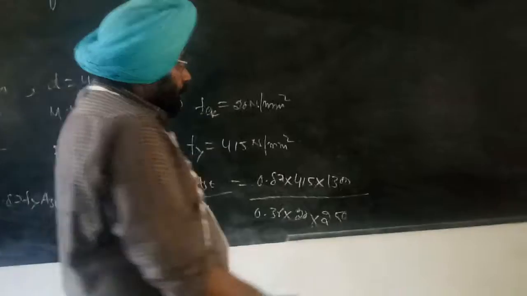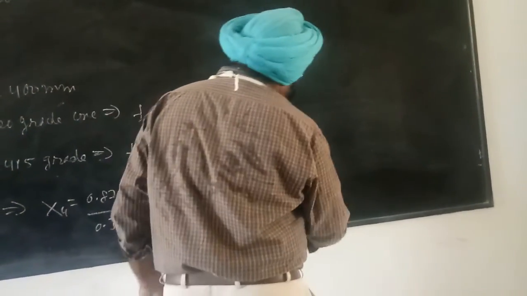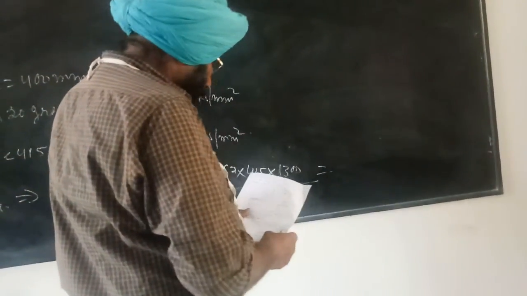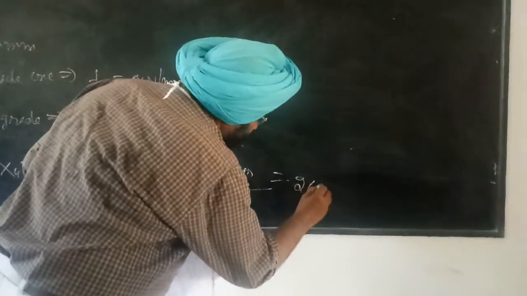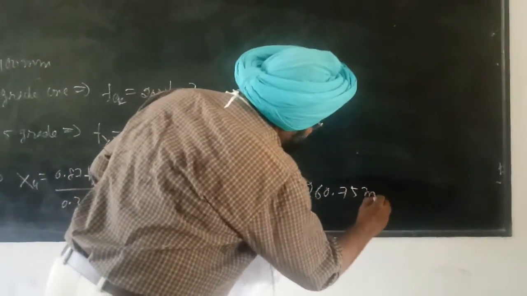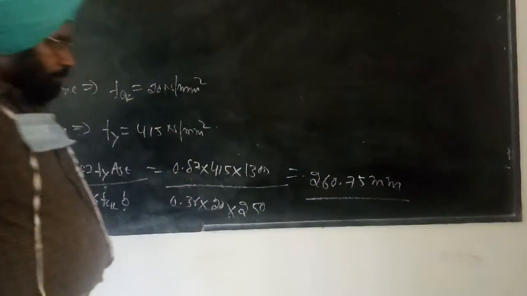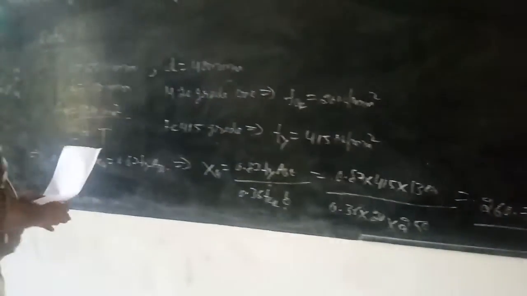Then the depth of the neutral axis x_u comes out to be 260.75 millimeter.